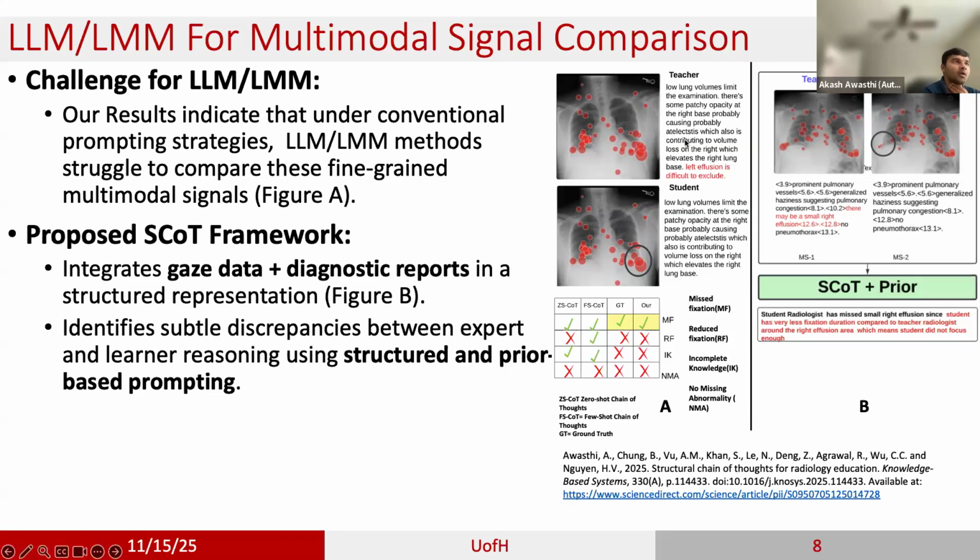We give the student report, student gaze, teacher report and teacher gaze and ask it to compare, and it's hard to do this kind of multimodal reasoning because gaze data is pretty big, with a lot of fixation points. So the current prompting strategies cannot really do deep reasoning across these two multimodal signals, student and teacher.